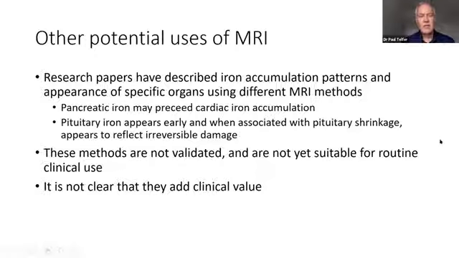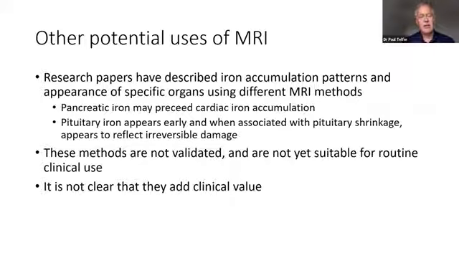There have been a number of other studies where other organs have been scanned and iron concentration measured using various methodologies, mostly R2 star, and notably pancreatic iron and pituitary iron. Of course, the pancreas and pituitary are other organs that are affected by iron overload in thalassemia.